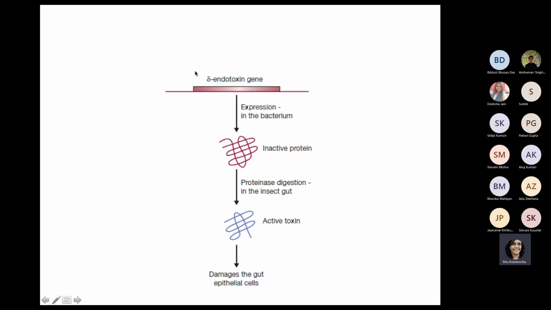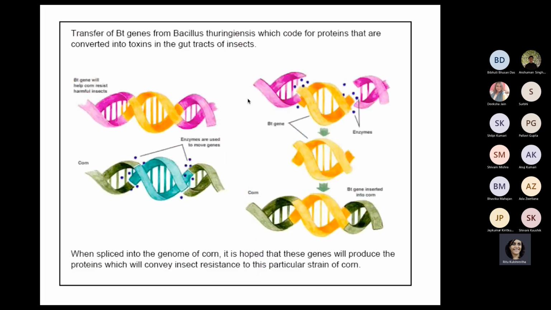So definitely it was realized that if we have this delta endotoxin, then the insects may get killed. With this observation, there was the idea: can we transfer this delta endotoxin to the plants itself, so that plants are themselves making this particular protein, and when the insect digests or infects the plant, it will die because of the presence of delta endotoxin?